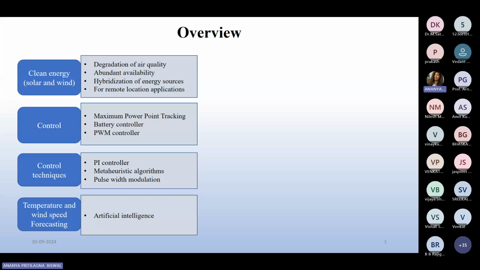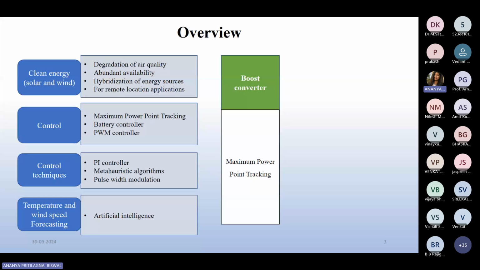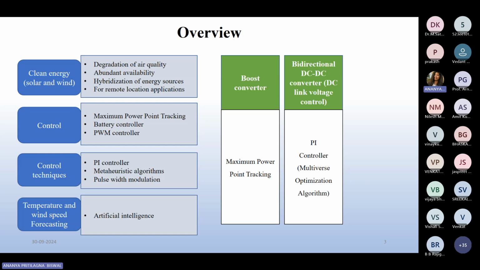Here I have only shown the temperature as it is related to the work. We have taken a boost converter for extracting maximum power from the PV. The bidirectional DC-DC converter is helpful for the battery for charging and discharging, which is controlled by the PI controller with some nature-inspired optimization algorithm.